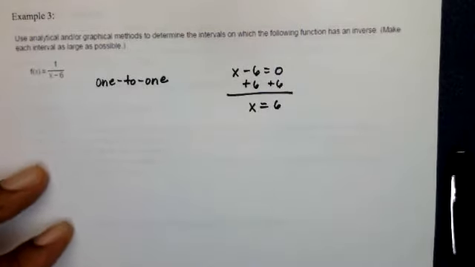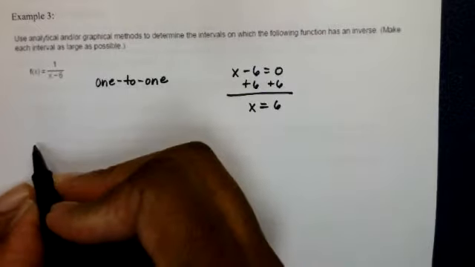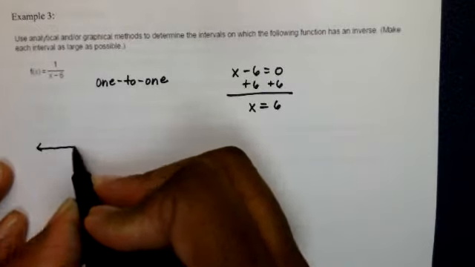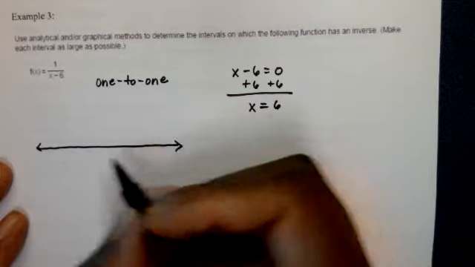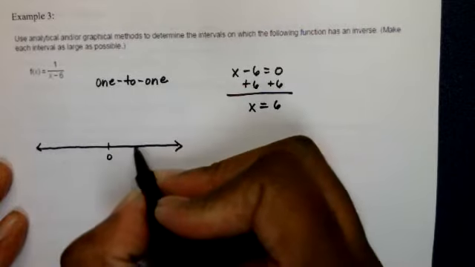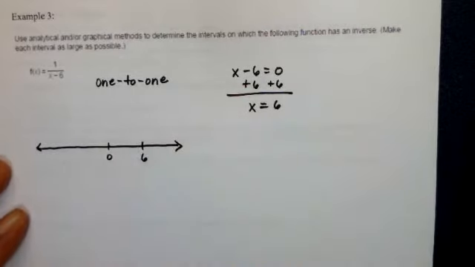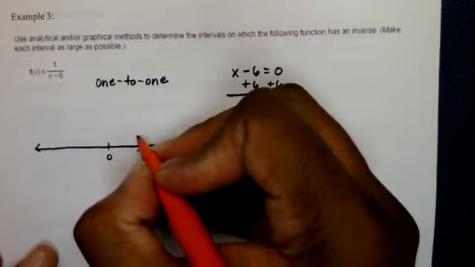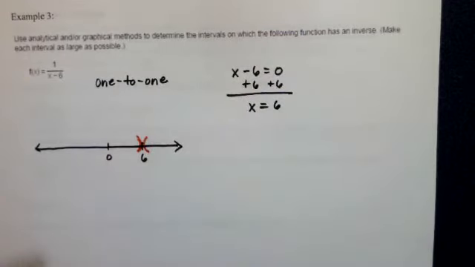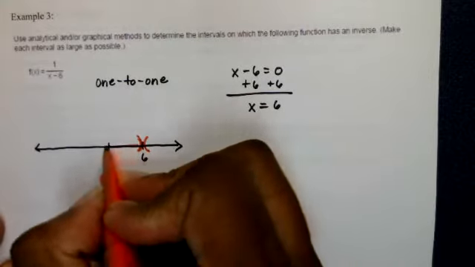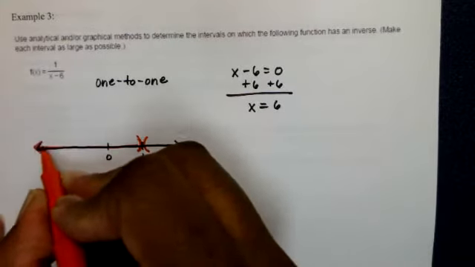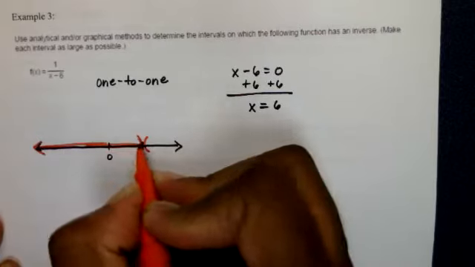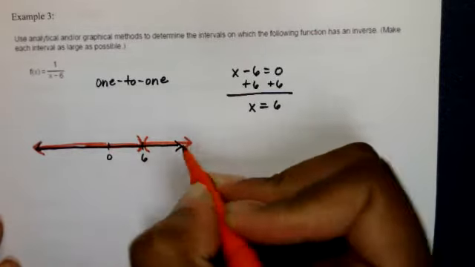Okay. Now let's say they want the interval notation for that. Well, there's 6 over here. And in this case, at 6, we know we're going to have a 0 in the denominator. So we draw parentheses around the 6. Now, any x value less than 6 would work, and any x value greater than 6 would work.